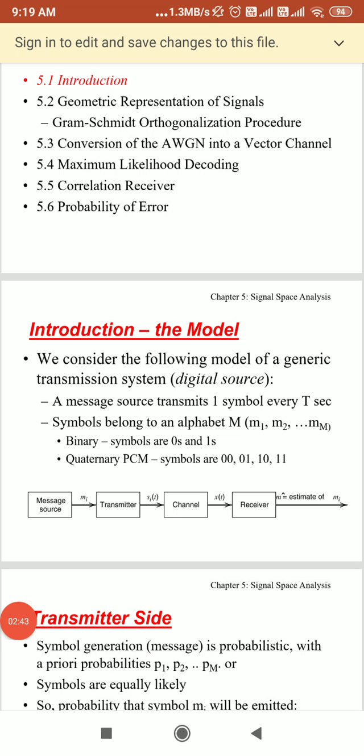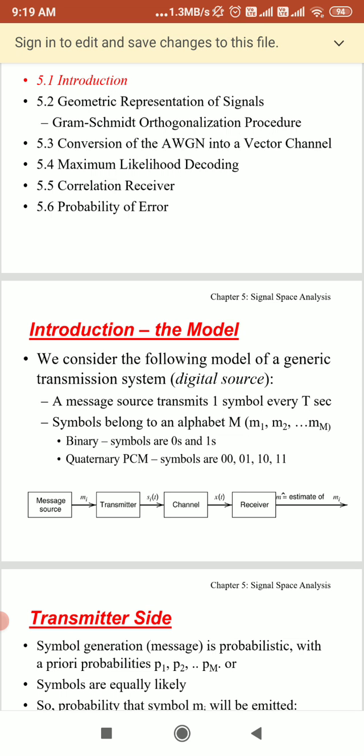So here we can consider the following model for the digital transmission system. A message source transmits one symbol every T seconds, and our symbols belong to the alphabet M1, M2 up to MM.